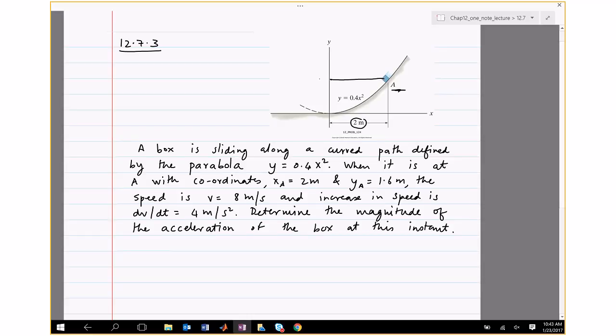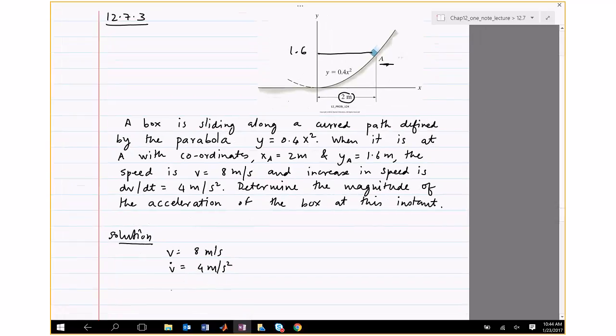Given the speed is 8 meters per second, so v is 8 meters per second. They're also given the increase in speed, v dot is 4 meters per second squared. You're going to find the magnitude of the acceleration of the box at this instant. So just the magnitude.